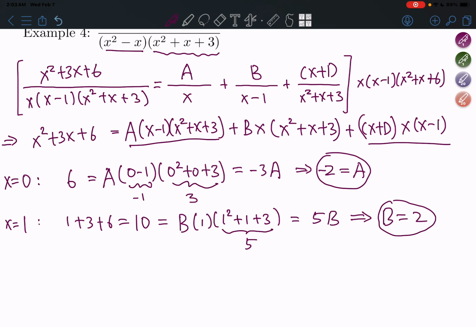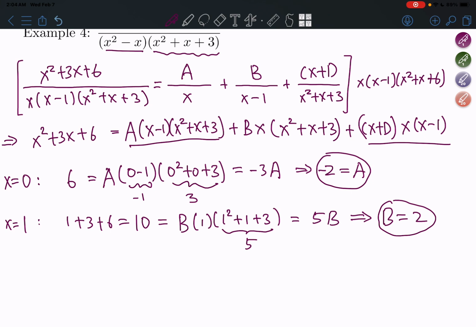Now I need to solve for c and d, and this is the kind of problem where I don't know how to solve for c and d without plugging in a lot of weird numbers. Yeah, that is kind of difficult. So this is the type of problem where it might be worth your while to mix up the two rules. So now I really need a system of equations.